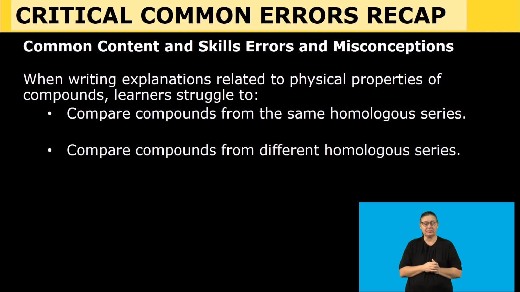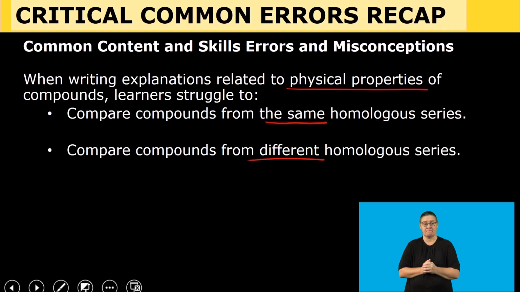So we are saying that when writing explanations that are related to the physical properties of compounds, we are struggling to, number one, compare compounds from the same homologous series, and we are also struggling to compare compounds from different homologous series.